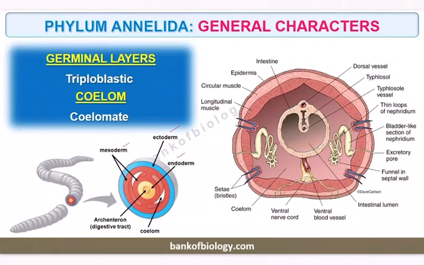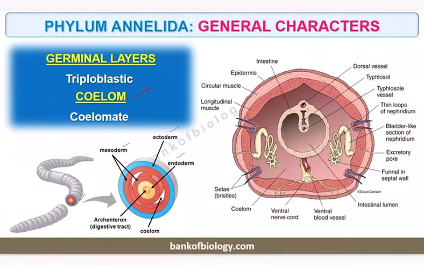During embryonic stages, there will be three layers: triploblastic, that is, an ectoderm layer outside, an endoderm inside, and in between ectoderm and endoderm there is mesoderm. That's why we say triploblastic.